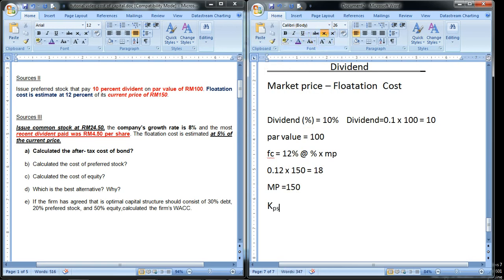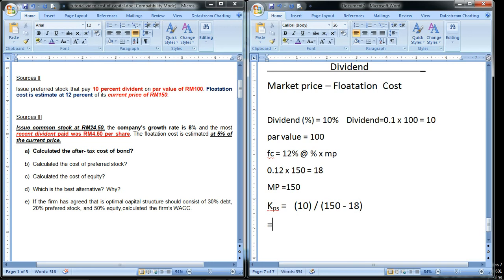Cost of preferred stock equals dividend, again the dividend in RM, then divide by market price minus flotation cost. The market price is 150 minus 18. See, the flotation cost is 0.12 times the market price, you get 18.